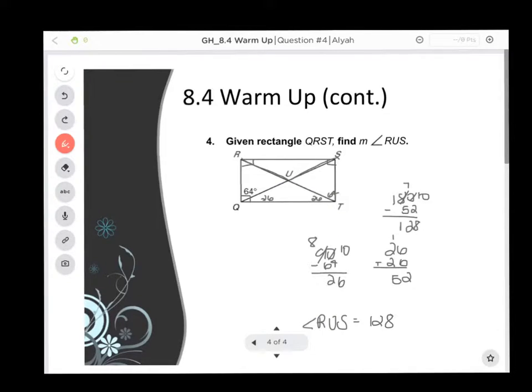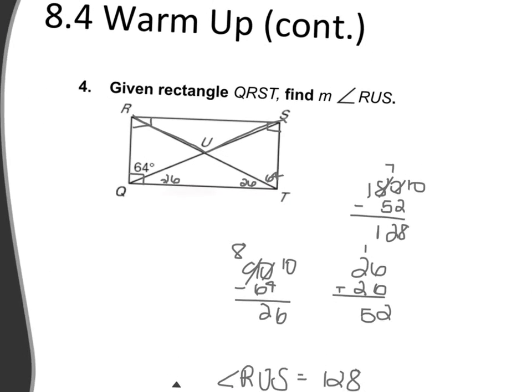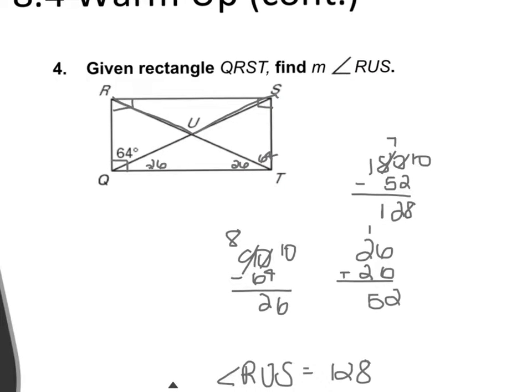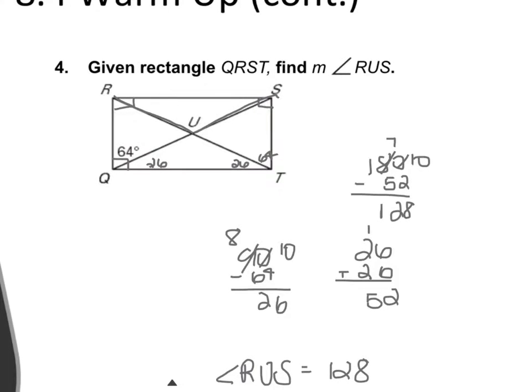And then the last one, again, some of you got hung up on this one. If it says, given a rectangle, which means the angles are 90 degrees, so this is 90 degrees, this is 90 degrees, this is 90 degrees, and this is 90 degrees. If they gave you 64 here, I would have subtracted it from 90 to get this little missing sliver here, which is 26. Same thing happens on this side. This is also 26.